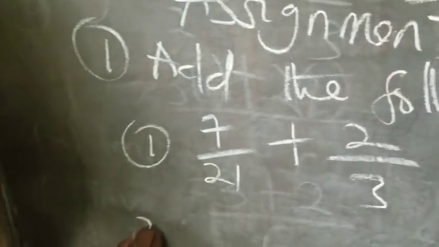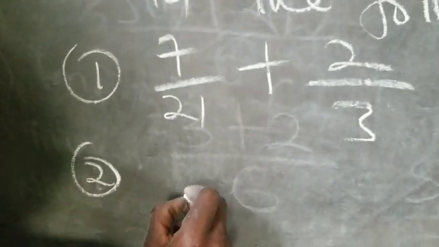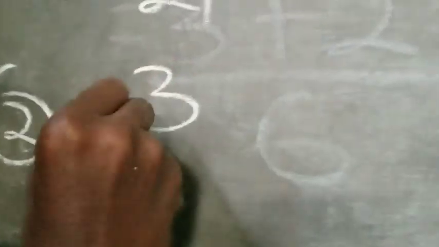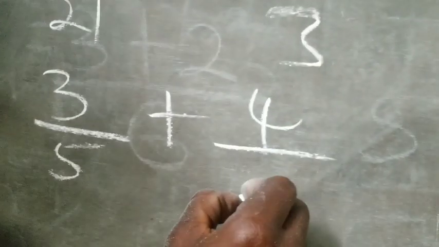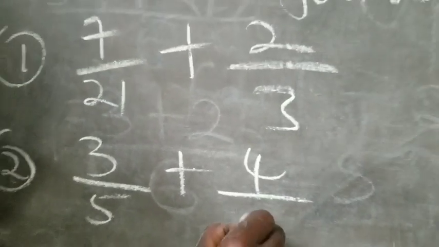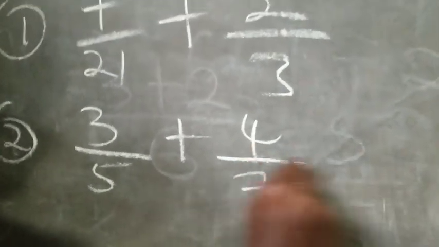That's number 1. Number 2, 3/5 plus 4/7. This is my assignment.